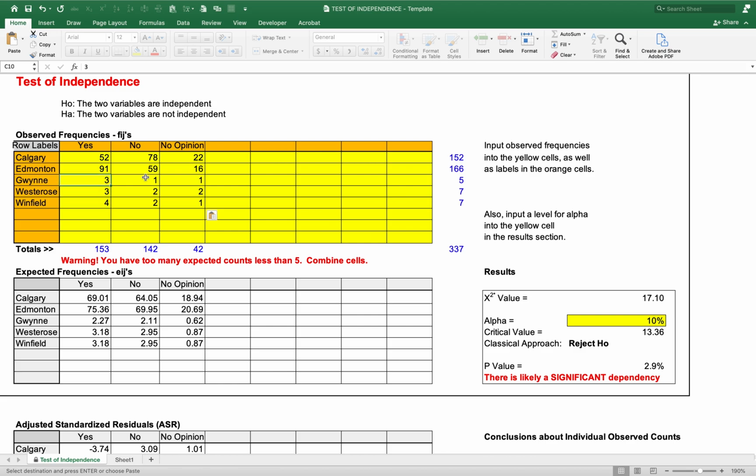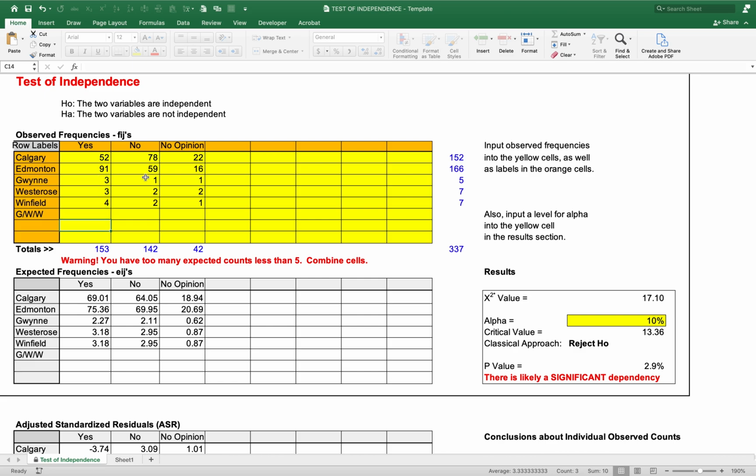So what I would do is, instead of going back to the original pivot table, I would just do this manually. And how I do this is I put these together. I'm just going to call it GWW, and then you can go and change that name later when you're actually doing your write-up. And then I'm just going to manually add these together.